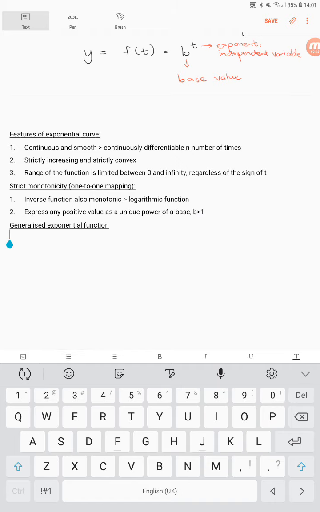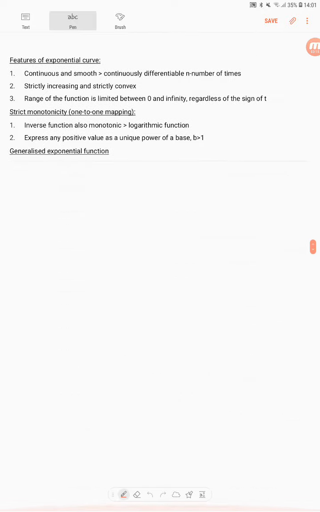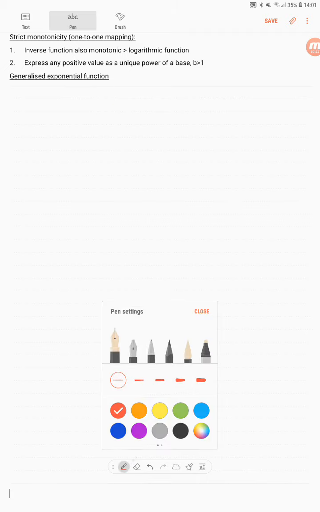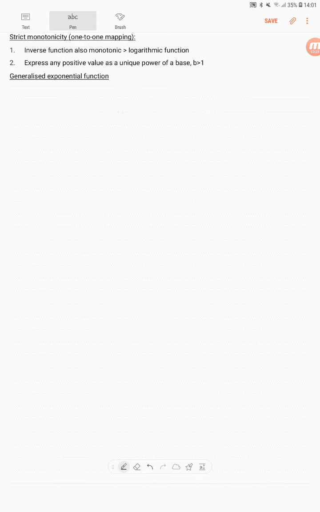So what does the generalized exponential function look like? So we have y equal to a b to the power of ct.